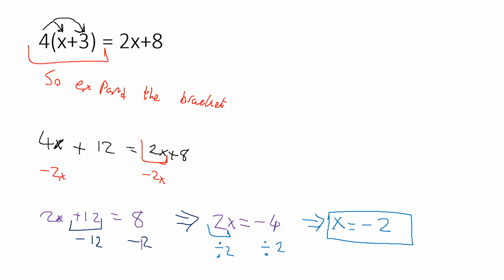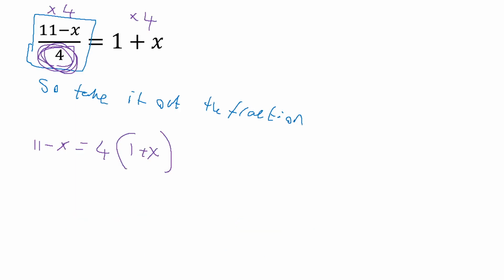And likewise in the previous example, we now need to take it out the bracket. So what's 4 times 1? 4 times 1 is simply equal to 4. What's 4 times x? 4 times x is simply equal to 4x. And so we're left with 11 minus x is equal to 4 plus 4x.